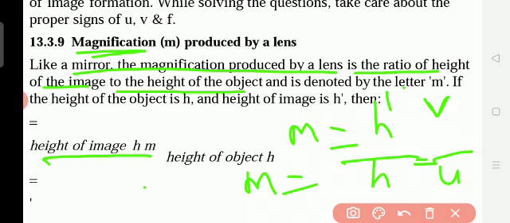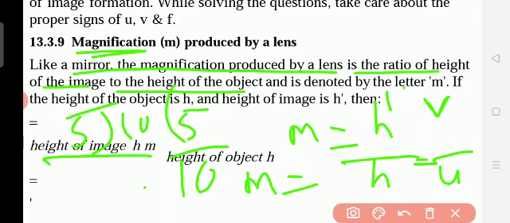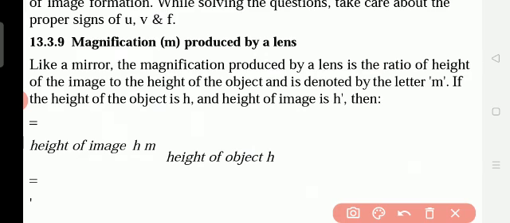If the height of the image is 10 and the height of the object is 5, then 10 divided by 5 is 2 times. So 2 is the magnification. So this is the ratio: the height of the image and the height of the object is called magnification.